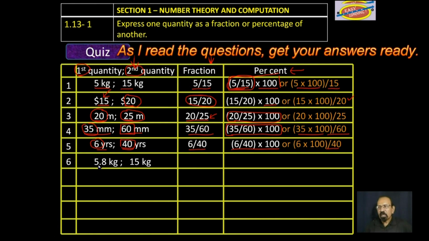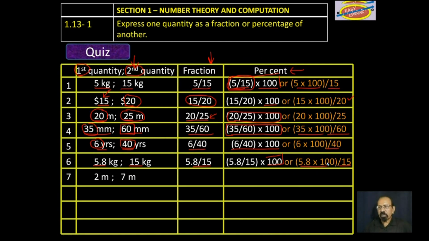Question 6. Express 5.8 kilograms as a fraction and percent of 15 kilograms. As a fraction, that will be 5.8 out of 15. As a percent, you multiply that fraction by 100, or 5.8 multiplied by 100 divided by 15. Question 7.